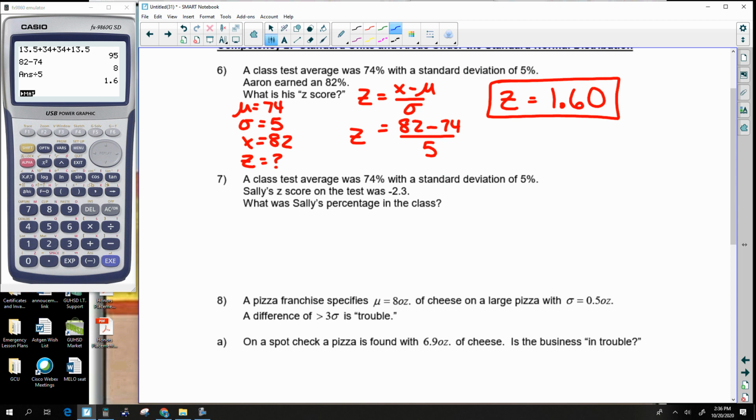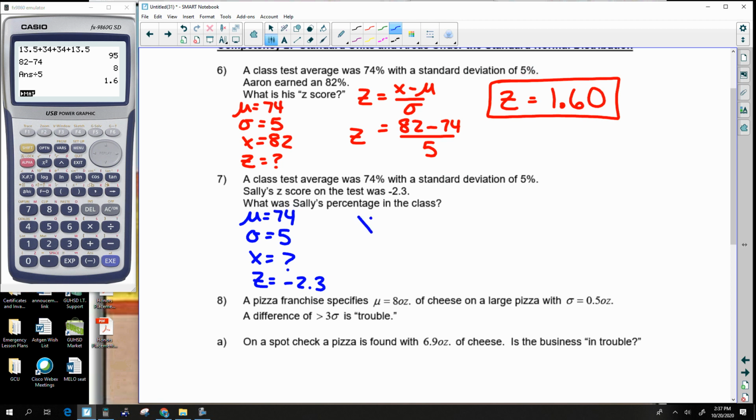Second question is pretty much the same thing. However, they'll give you some different information. All right, so here we go. The average is 74. The standard deviation is 5. Sally's Z score in this situation is negative 2.3. They want to know what is Sally's percentage. That is the X. X is whatever the story is talking about. In this case, it's percentages on the test.